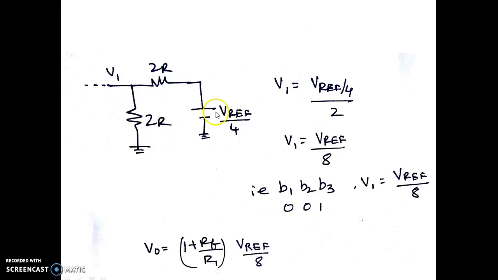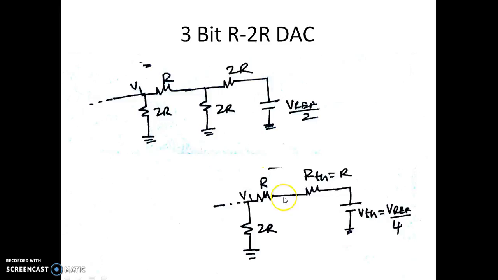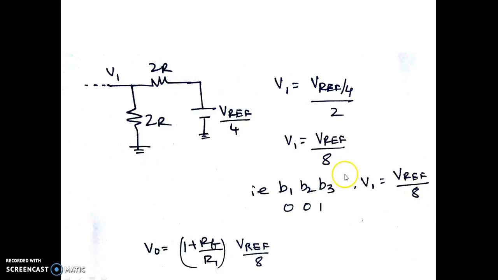This is the circuit from the previous case. This R plus R will become 2R, and this is again 2R. The voltage at this point is half of V reference by 4, which happens to be V reference by 8.